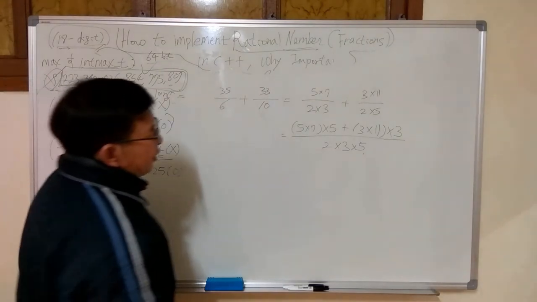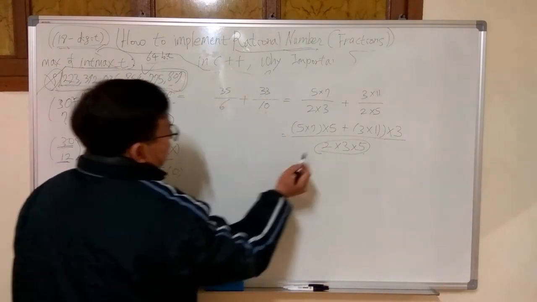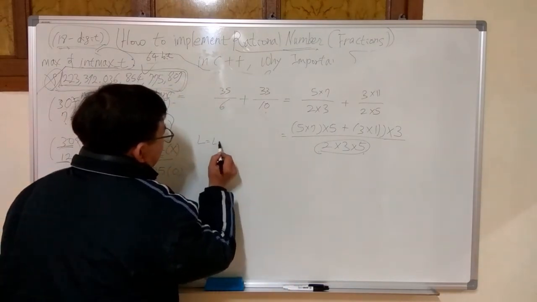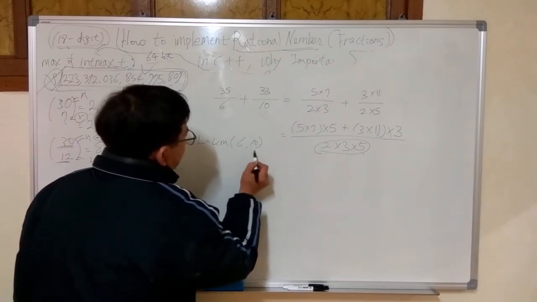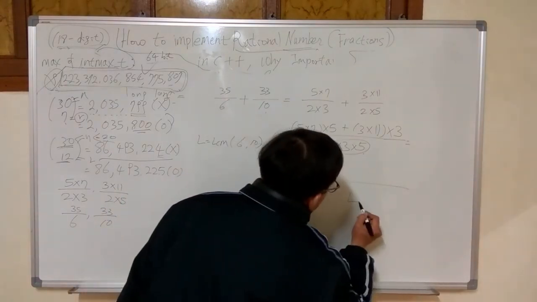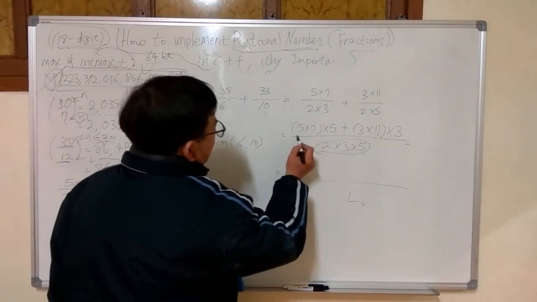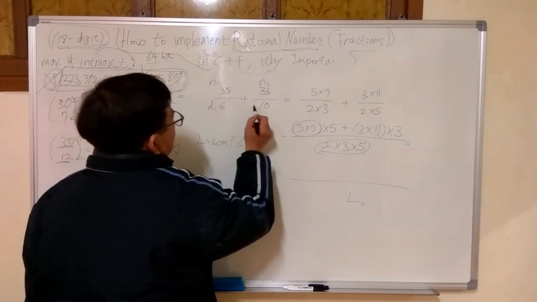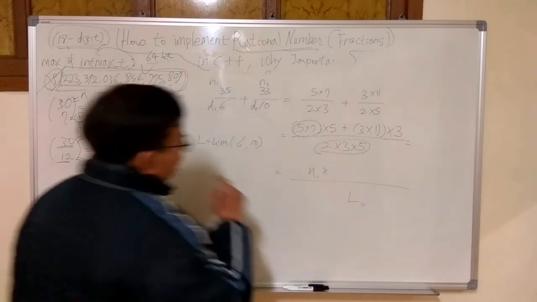Now let's see. This is the LCM of two numbers, the least common multiple of 6 and 10. I would say L equals the LCM, and these numbers are N1, N2, D1, D2. This number is N1 times, let's say, 5.